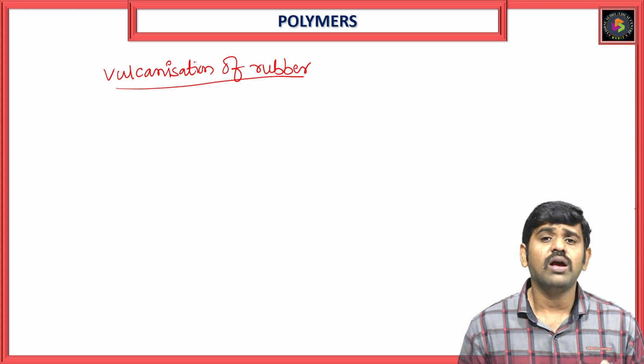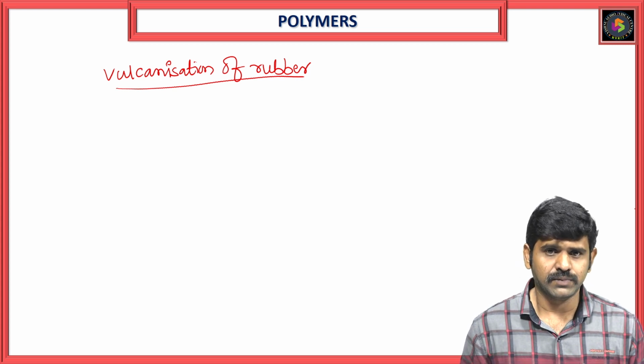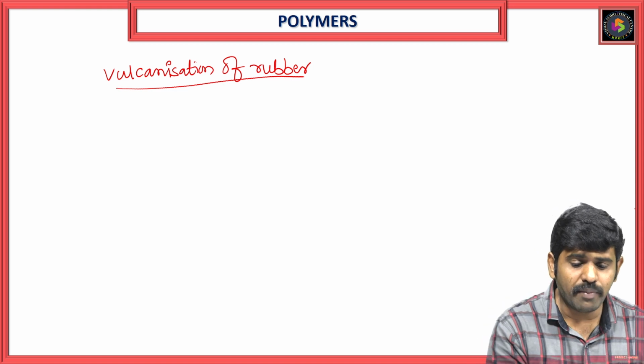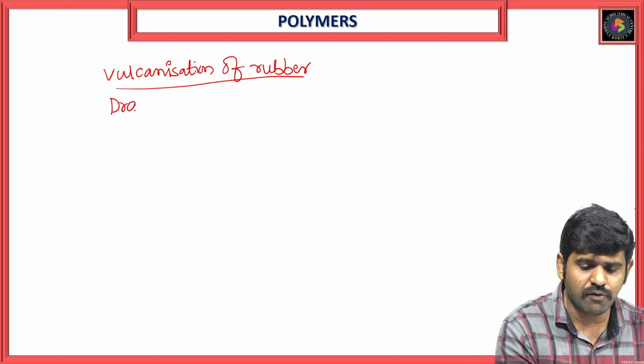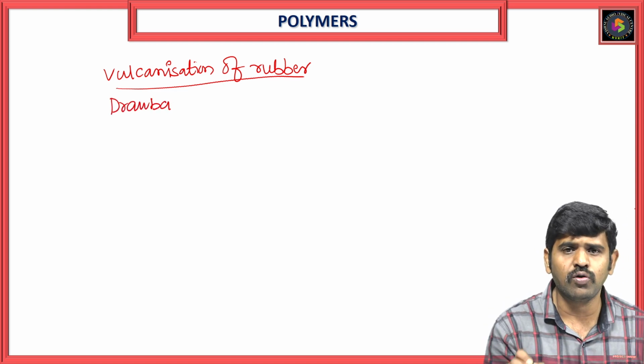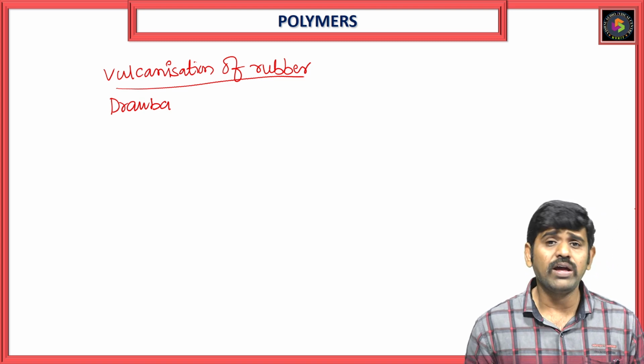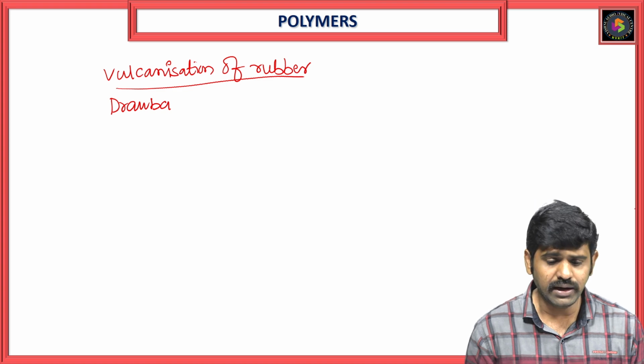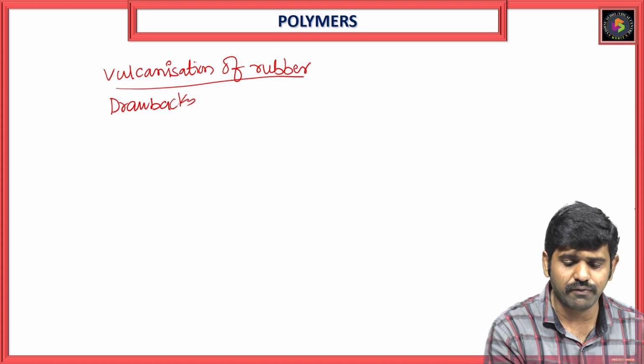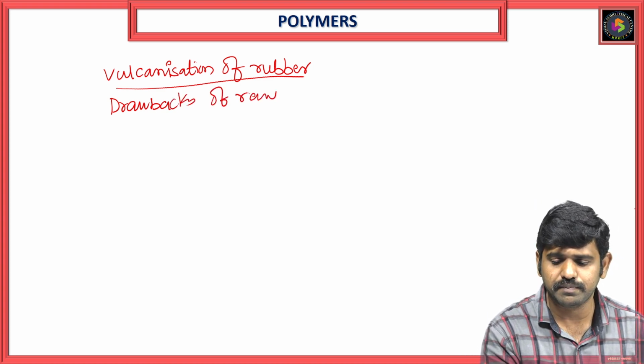Before that, first we'll discuss the drawbacks of raw rubber. Why does rubber need vulcanization?